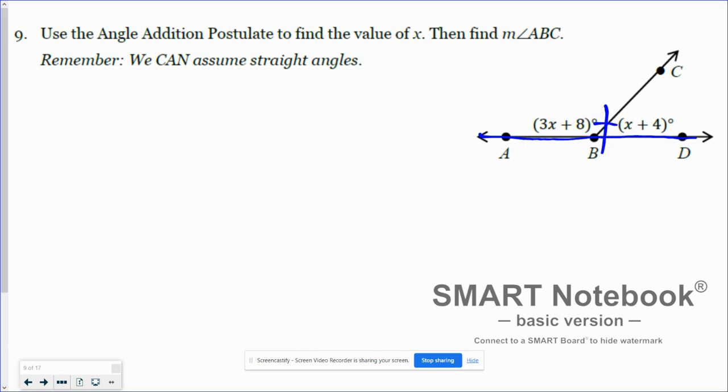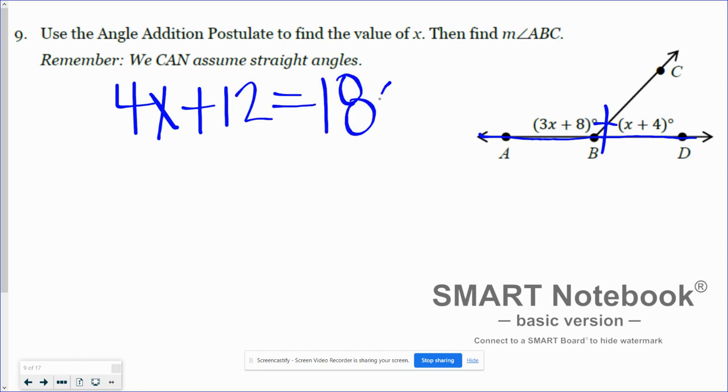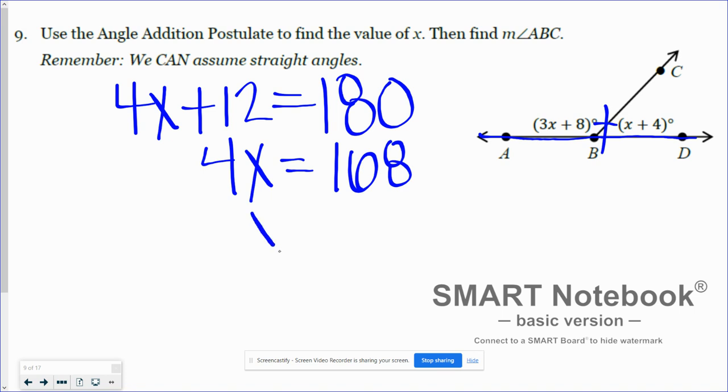So if I add these two angles together, I get 4x plus 12, and this is equal to 180. Then I just solve this equation. So we are looking at 4x is equal to 168. Divide that by 4, we're going to get 42.